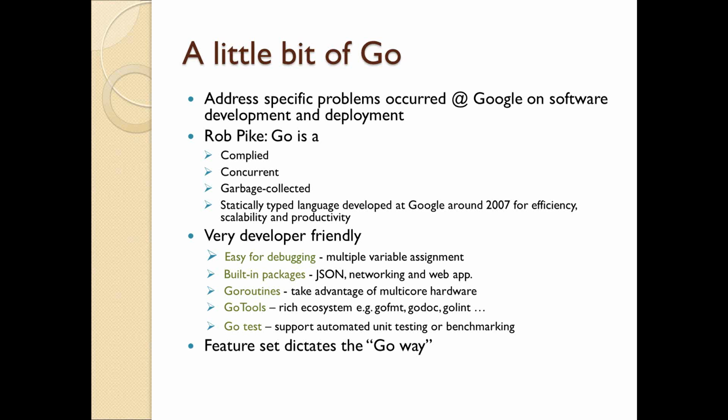Static typing is another feature. The type in Go, let's say for a variable, if we declare it as an integer, you cannot assign a string, whereas in Python you can do that.